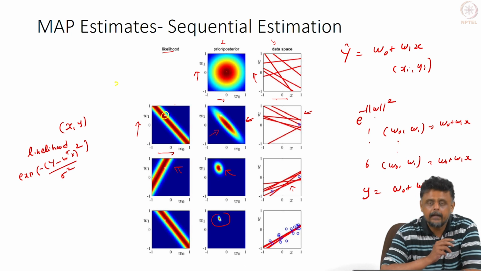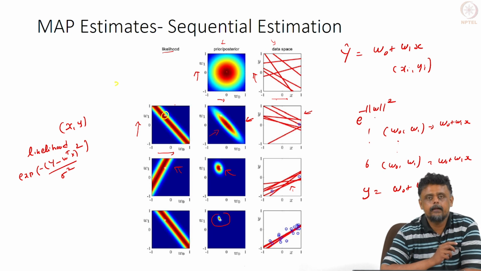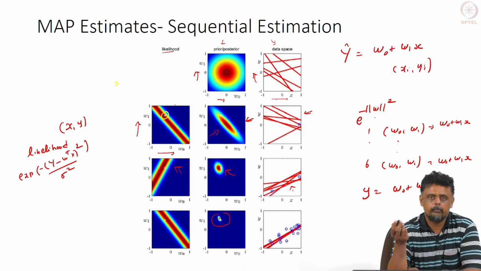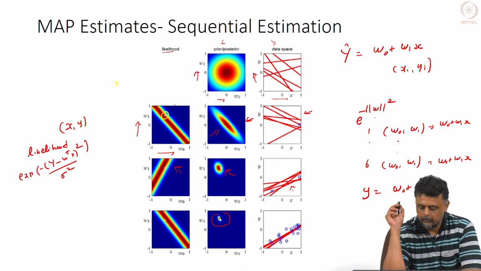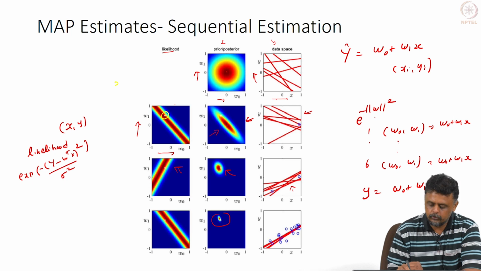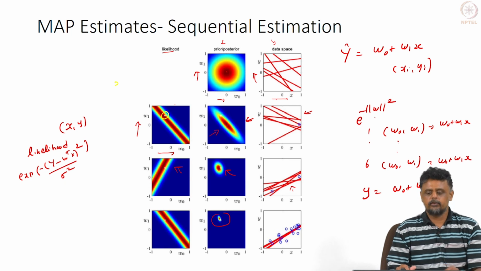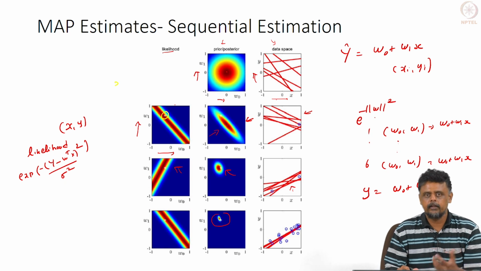So, by sequentially considering data points x comma y, each time evaluating a posterior distribution and then using that as a prior for the next data point you observe, you can converge to the appropriate posterior distribution. This is how you do MAP estimation, if you think about it probabilistically.